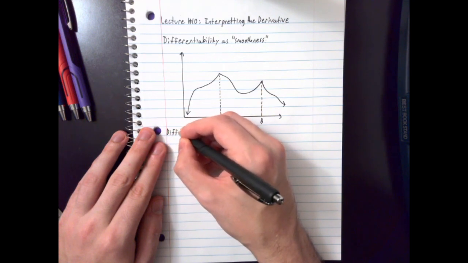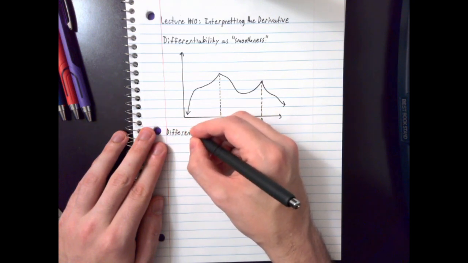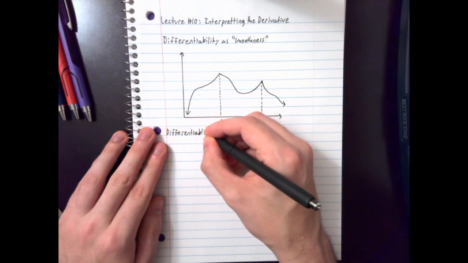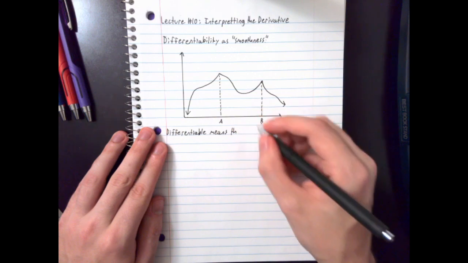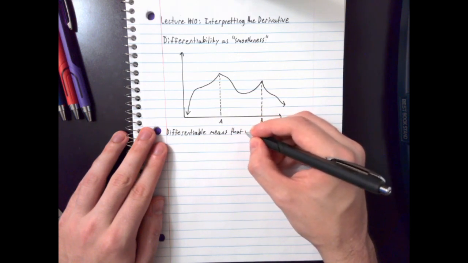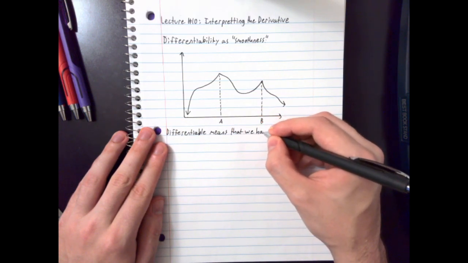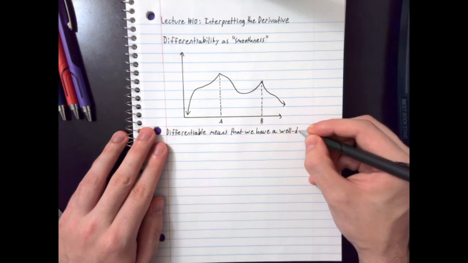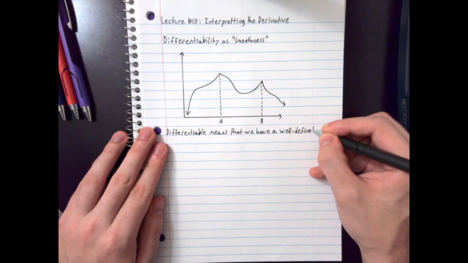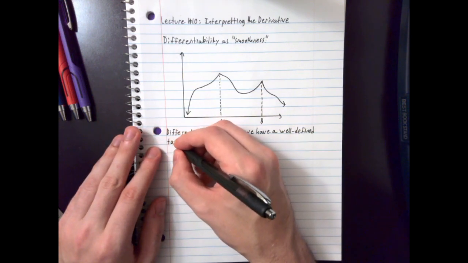so the property of being differentiable, means that we have a well-defined tangent line.